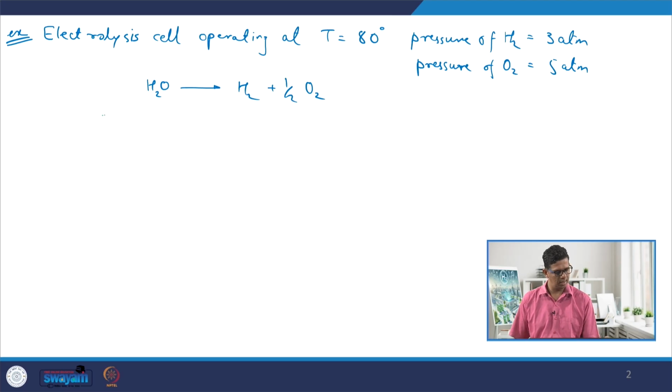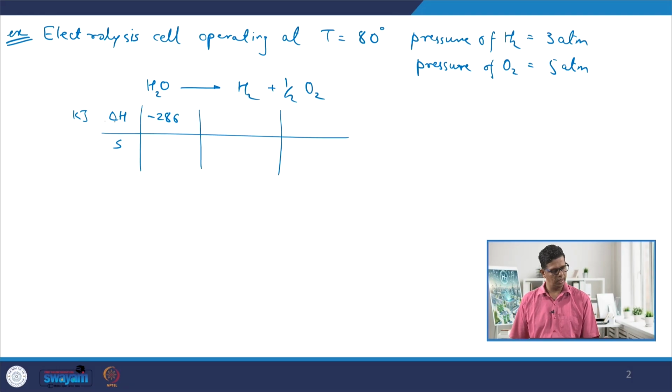Also, let us write down the enthalpies and the entropies for the respective species. So, this is minus 286 kilojoules per mole for water. The enthalpies of hydrogen and oxygen are 0, as they are assumed to occur in the universe in natural form.